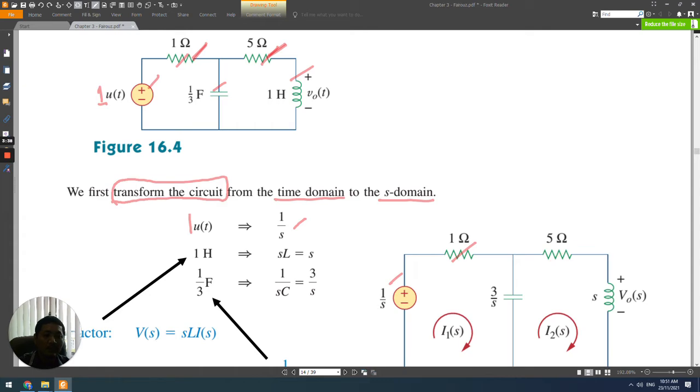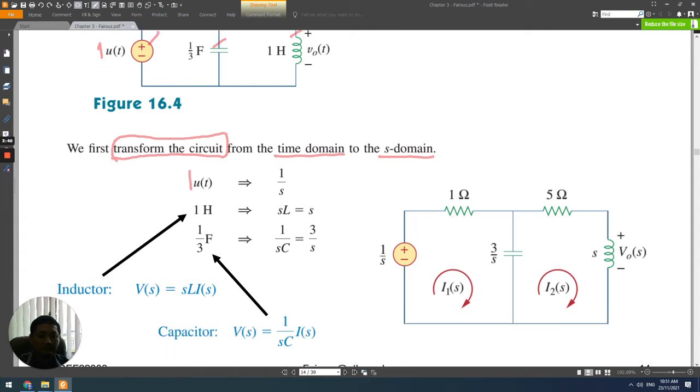Next is the capacitor. The capacitor here is 1 over 3 farad. The equation to transform the capacitor into S domain is 1 over SC.